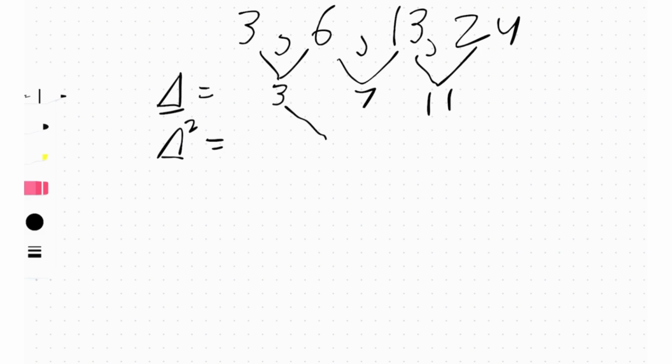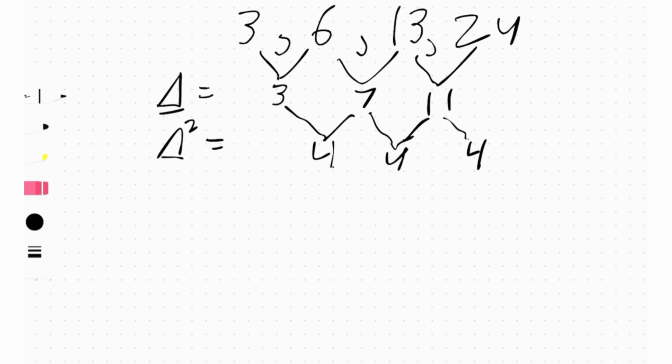So we take the 3 and the 7, and we find their difference to be 4, and the 7 and the 11, and we see that their difference is also 4. Now look at this. This series is now constant. So now we can infer the next term to also be 4.